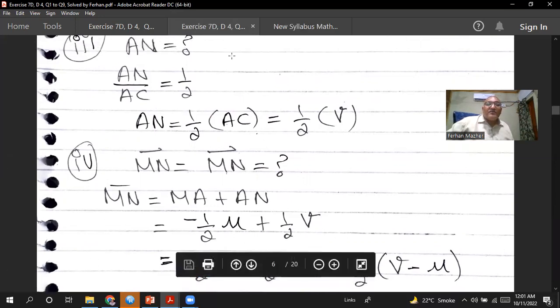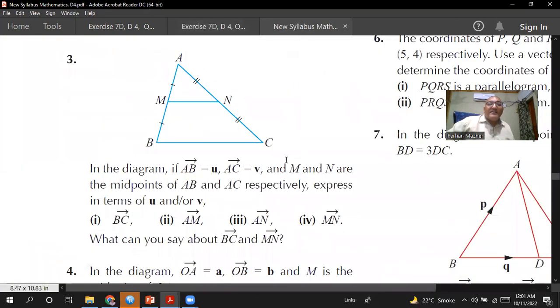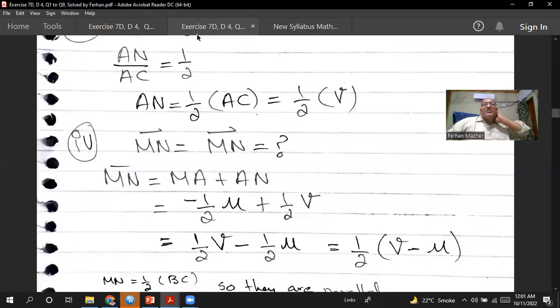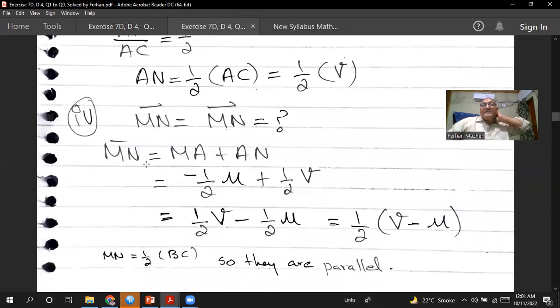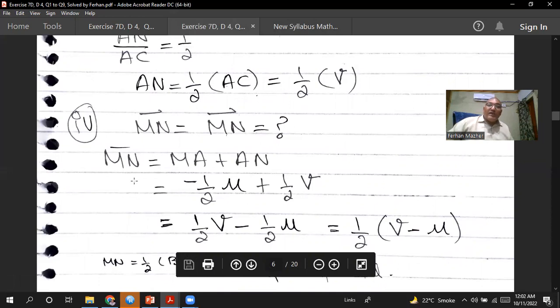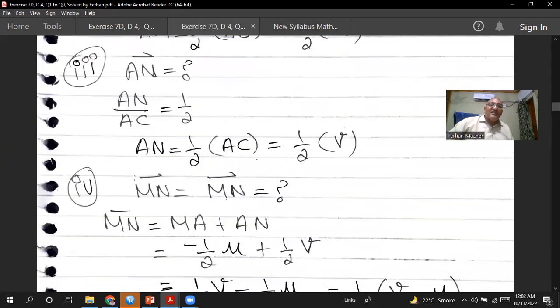Okay, so that was the fourth part. I hope you understand. And then they want me to find out the MN, which we have already found. So what can you say about the BC and the MN? We write these two vectors together, MN and BC. MN is equal to 1 by 2 bracket V minus U, and we know that V minus U is BC.